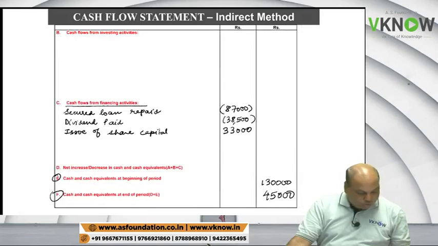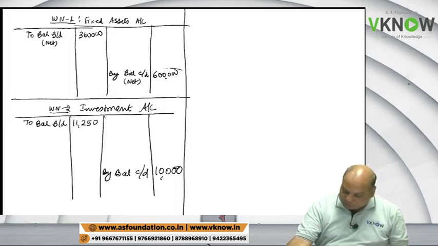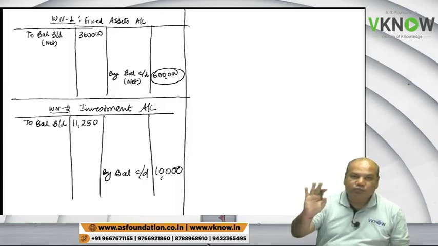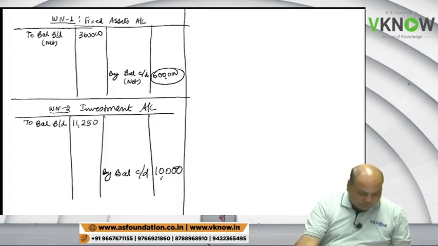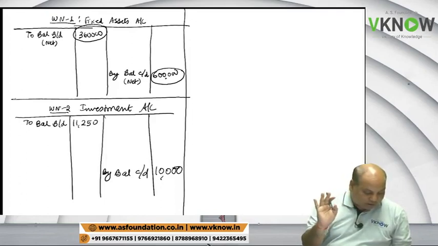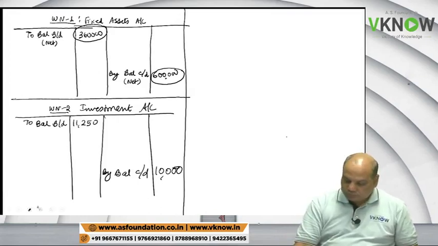Adjustment number 2, come to working note number 1. On 31st March 11, the accumulated depreciation on fixed asset was 1,80,000, but I have written the net figure, so it does not matter. Then on 31st March it was 1,60,000, but again I have written the net figure, so it does not matter. Machine costing 10,000. Okay, now again let us discuss.